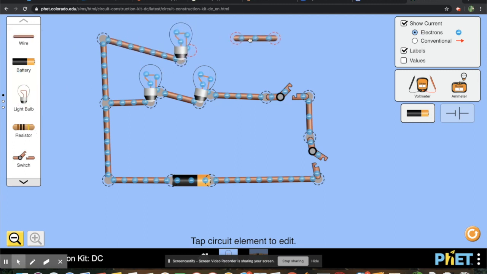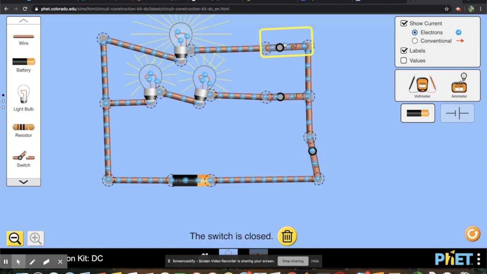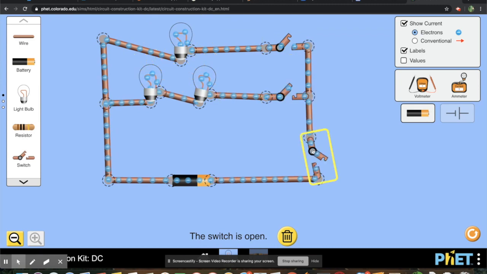Scooch this down so I can see it better. There's only one light bulb on that branch and a switch, just so we can open and close switches and see what happens. And there we go. Now I'm going to check to see if it works. I'm going to close all the switches. And here's what we got. Okay, open them back up.